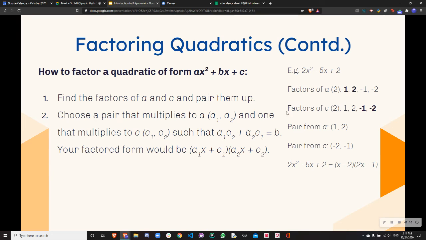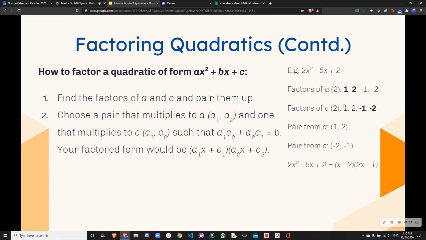The factors of c, which is also 2, are the same: 1, 2, -1, -2. Now we have to choose a pair from a and another pair from c so that a1c2 plus a2c1 is equal to b. You can basically do guess and check for this. It might take a while, but you'll get to it eventually.